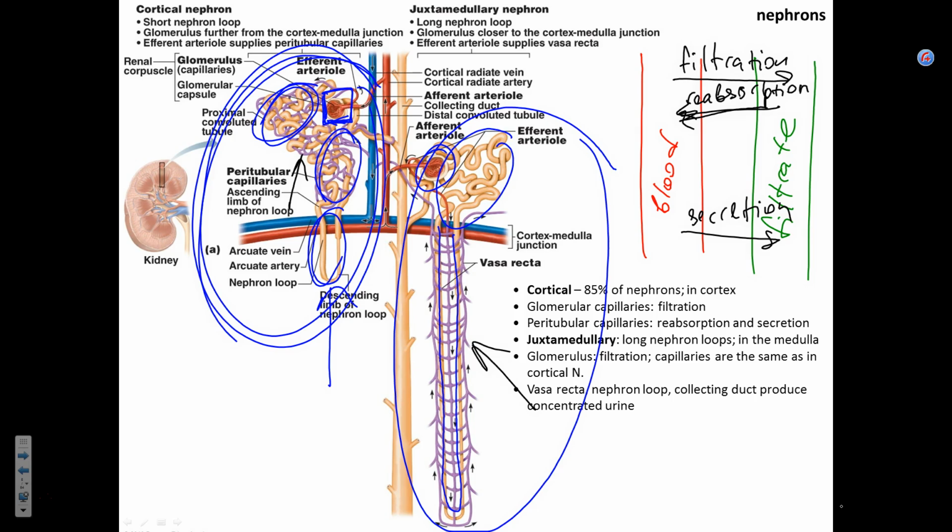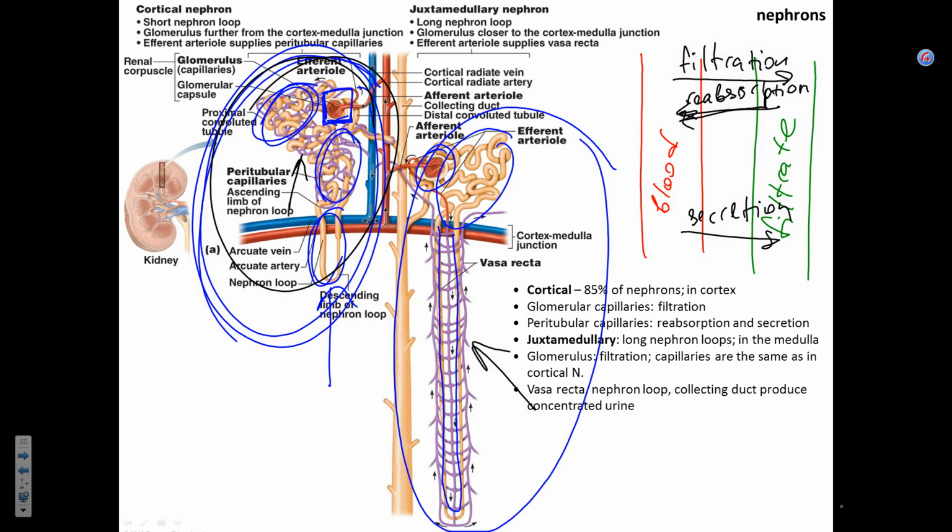Does that make sense? So glucose reabsorption, amino acid reabsorption, sodium, potassium, calcium, magnesium, all of it happens in the cortical nephrons. The work for juxtamedullary nephrons is to regulate the concentration of filtrate.